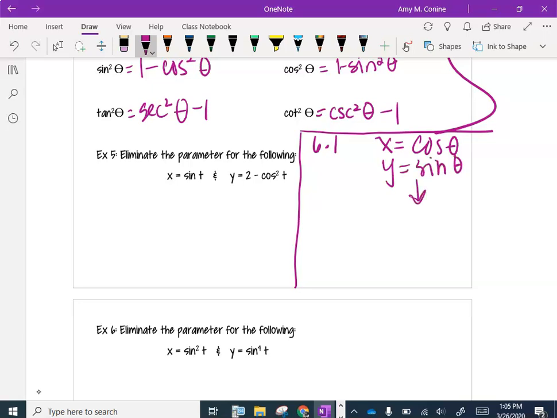It doesn't change when you're talking about parameters. So with parameters, instead of having cosine theta, you have cosine of that parameter t, and y, same thing. It's sine of that parameter t. So it's just the angle or the function that you're looking at. Instead of having theta, we just have it as a function of t.